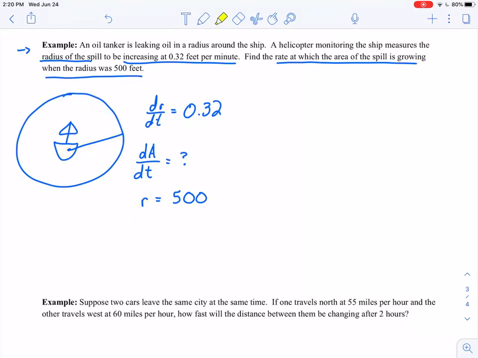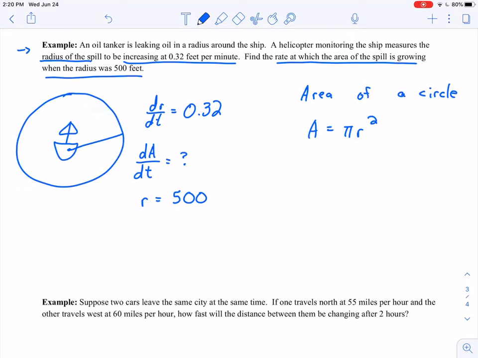So I need a relationship between area A and radius r. And I'm thinking about the area formula of a circle. The area of a circle, this would be a good one to know, is A equals pi r squared. There's an equation that relates A and r.